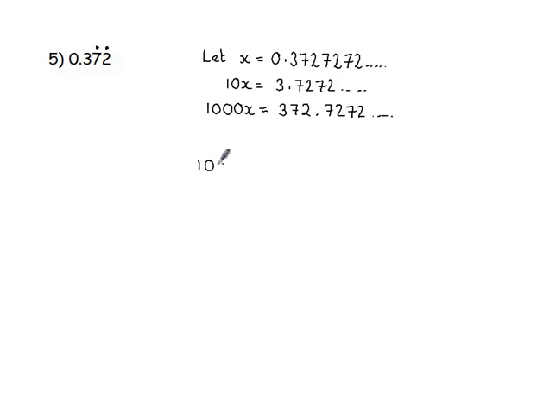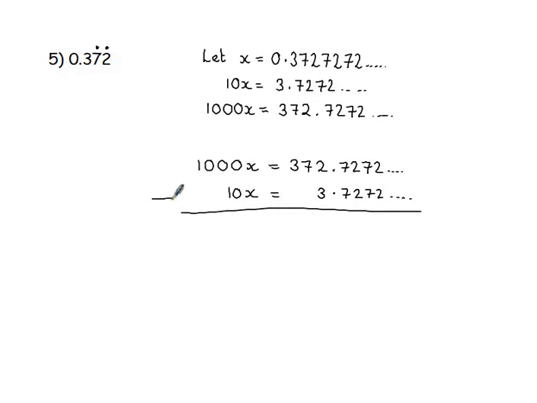So 1,000x again equals 372.7272. 10x equals, remember your place value, 3.7272. and we're going to subtract the two.